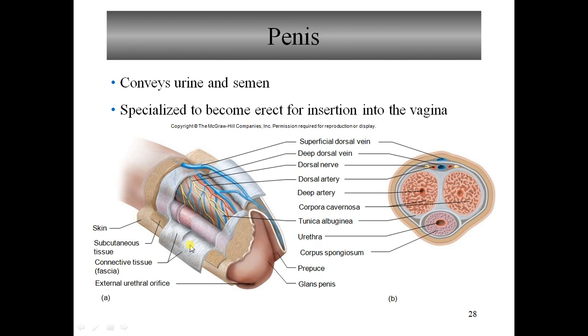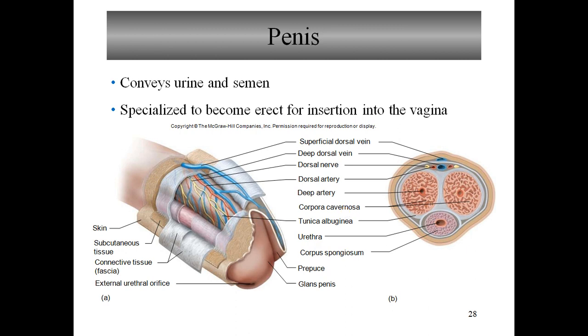The body of the penis is composed of three columns of erectile tissue, connective tissue and skin. So, three columns of erectile tissue, connective tissue and skin: the corpora cavernosa and the corpus spongiosum.